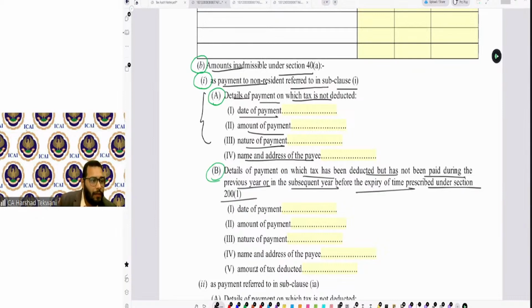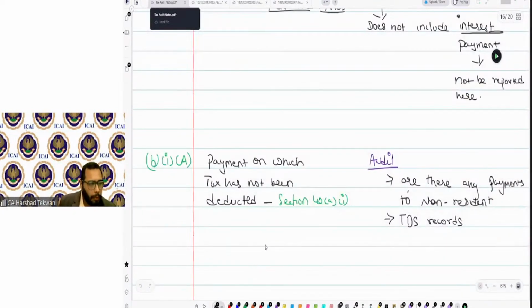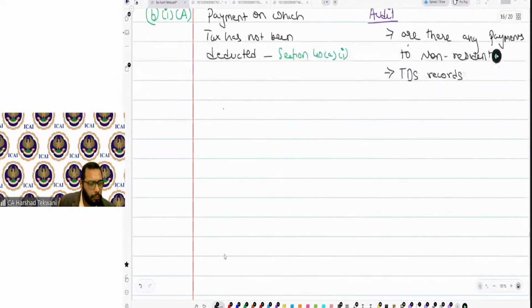So A was tax which has not been deducted. B is tax deducted but not paid.